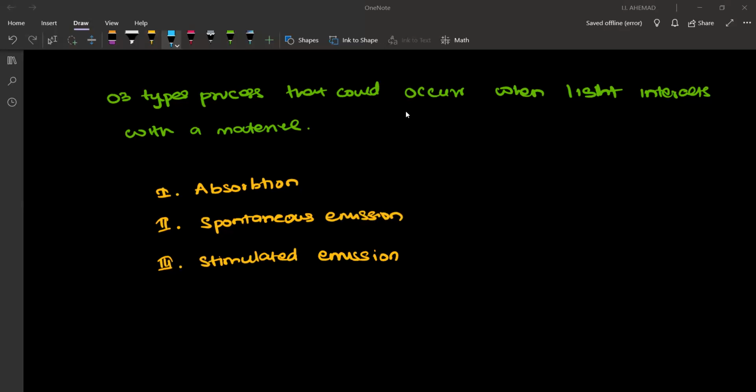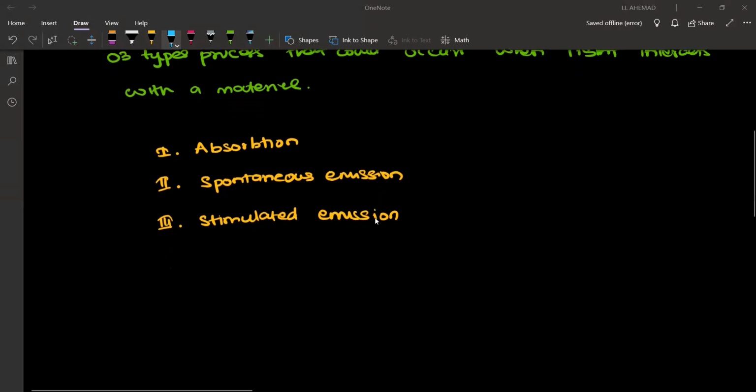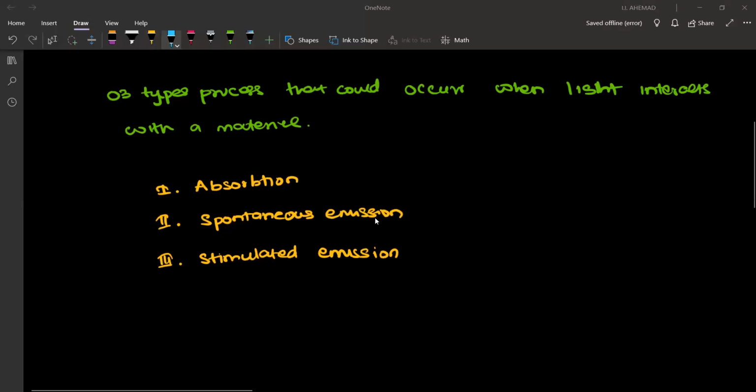I will completely go from the first. I'll give you time to note. For now, I will explain these processes. After that, let's note it down, okay? So, let's look at what these three processes are.